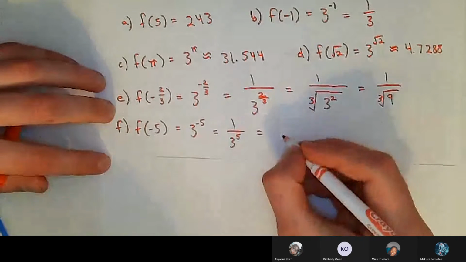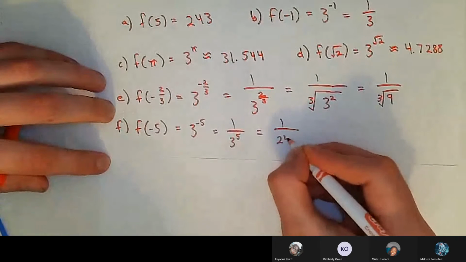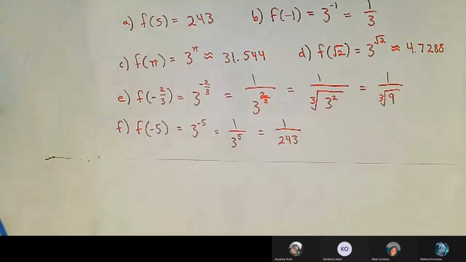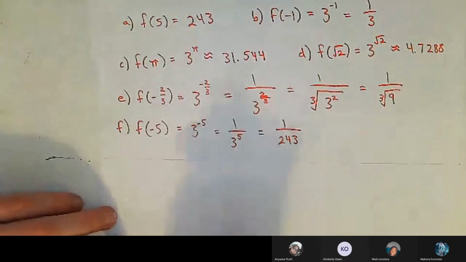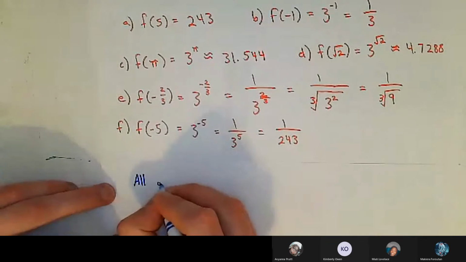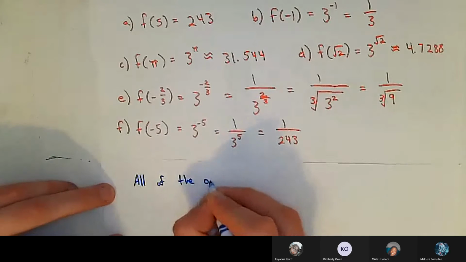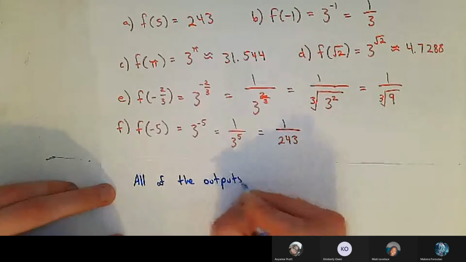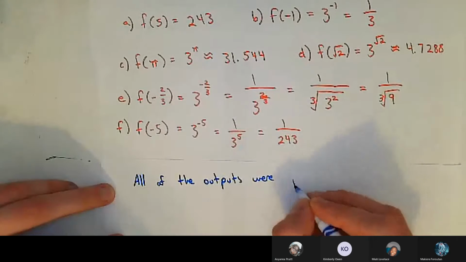And then this is the same as 1 over 243. Still positive. So some notes that we should make: all of the outputs were positive.